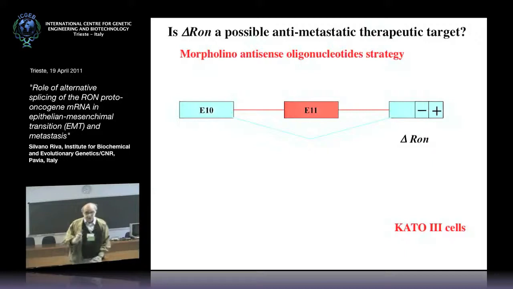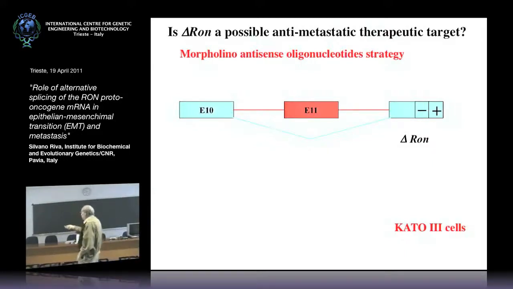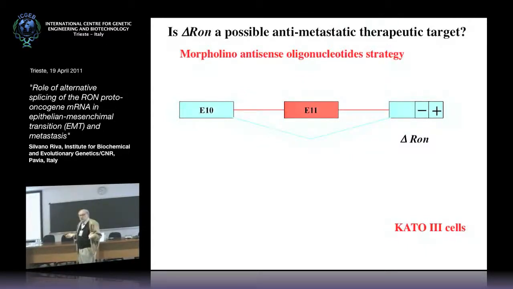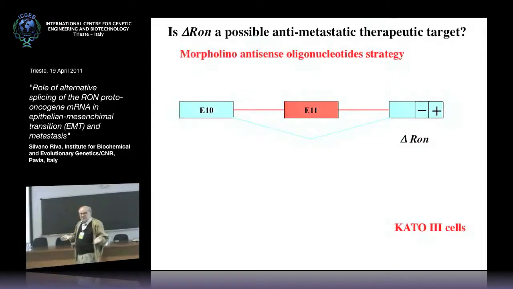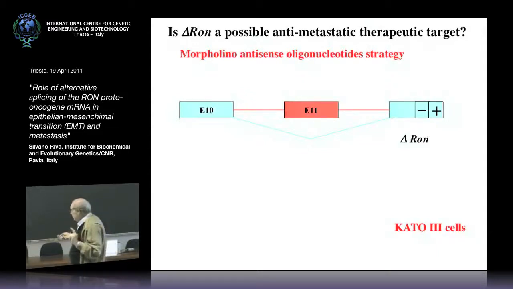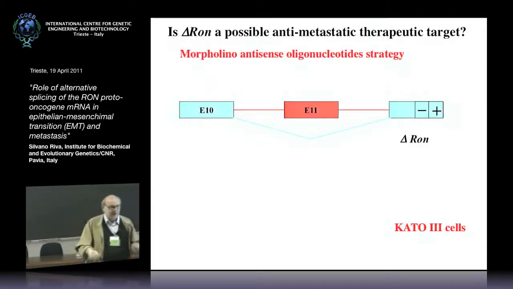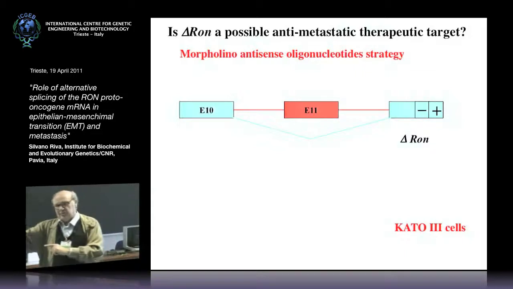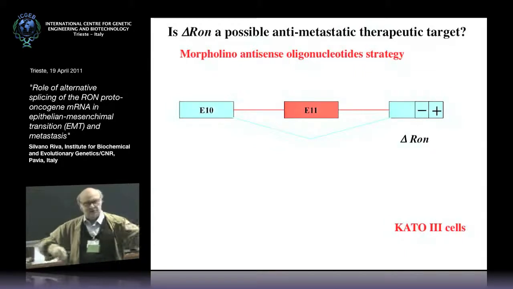Now, this delta RON aberrant splicing indicates that delta RON is a possible target for drugs. So if you can find drugs or some treatment that reverse the splicing and include this small intron, then you don't go to the mesenchymal type cells that migrate, make metastasis, and so on.